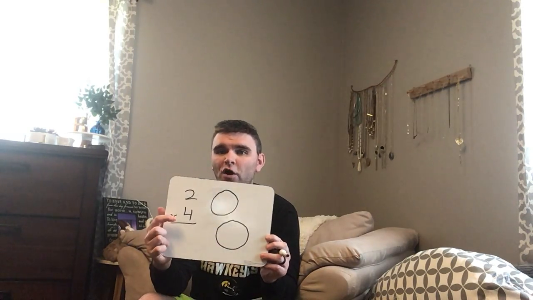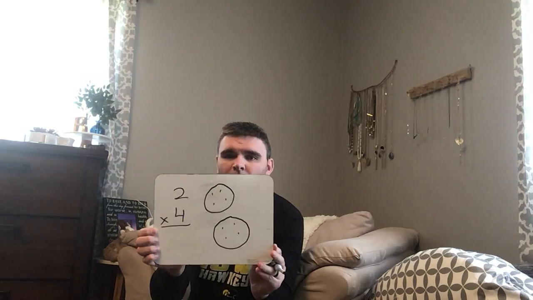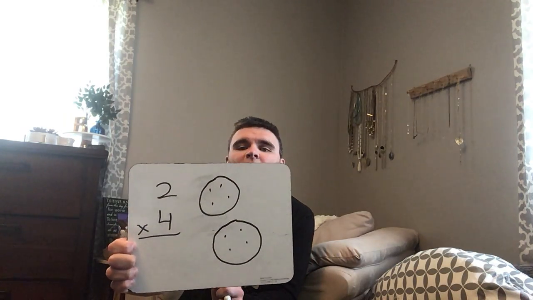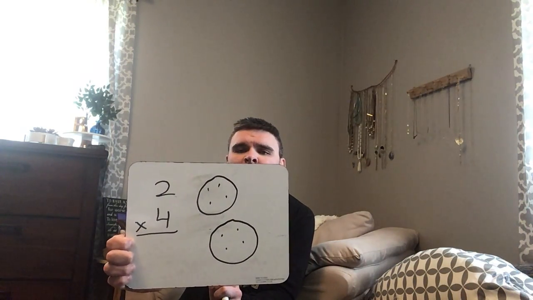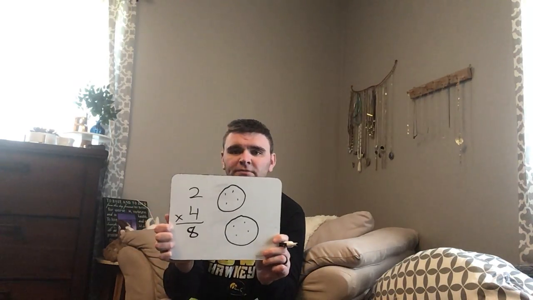And there are 4 in each group. 1, 2, 3, 4. 1, 2, 3, 4. 4 in each group. I'll hold that out so hopefully everyone can see. I made my dots a little bit small. And then to get my answer, I just count my dots. 1, 2, 3, 4, 5, 6, 7, 8. I get my answer as 8.